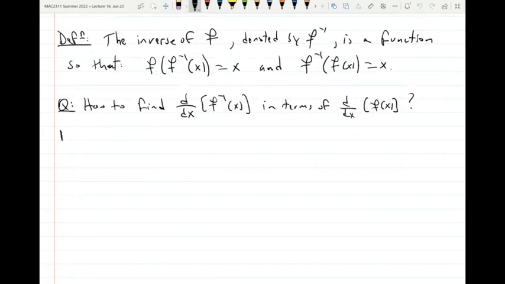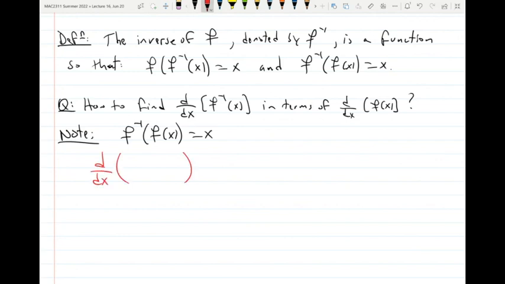Alright, so note, we know that f inverse of f of x is equal to x, take the derivative on both sides. Now, if it confuses you, I can call f inverse g.